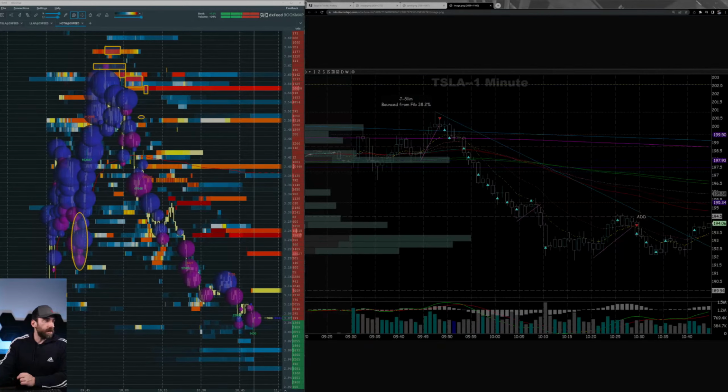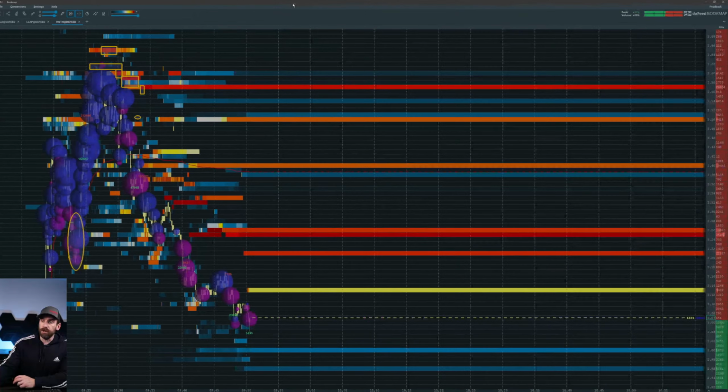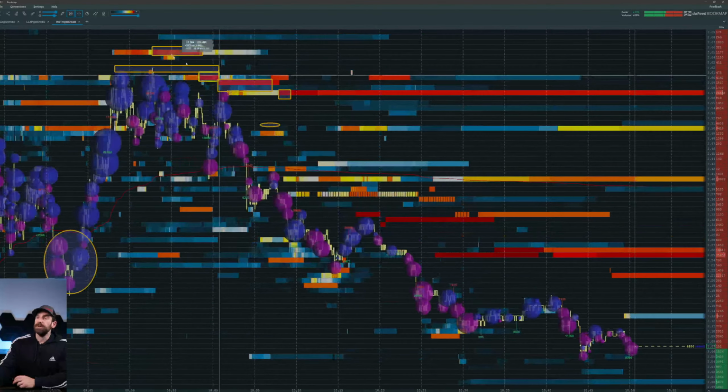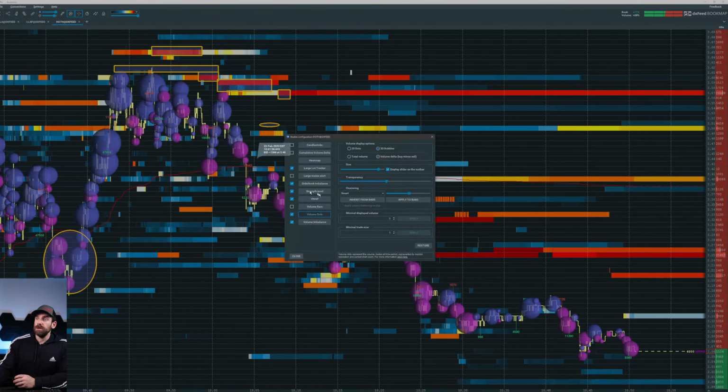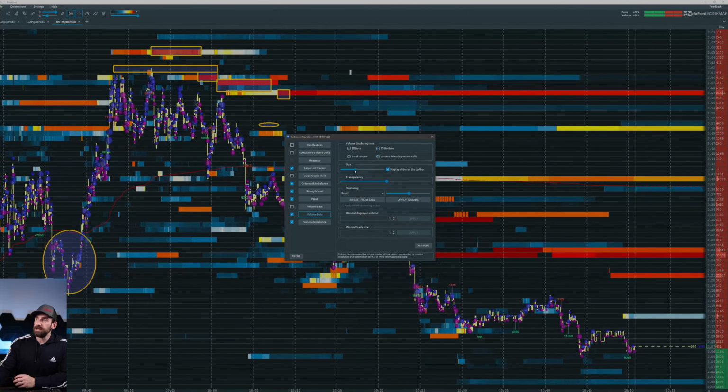So Greg is asking, I tend to move my dot sizes around. What's the perfect size during the trading day? I like to have them small, buddy, because like this, I don't really understand too much. So I like to have them like 1/4 of this, like here, okay?